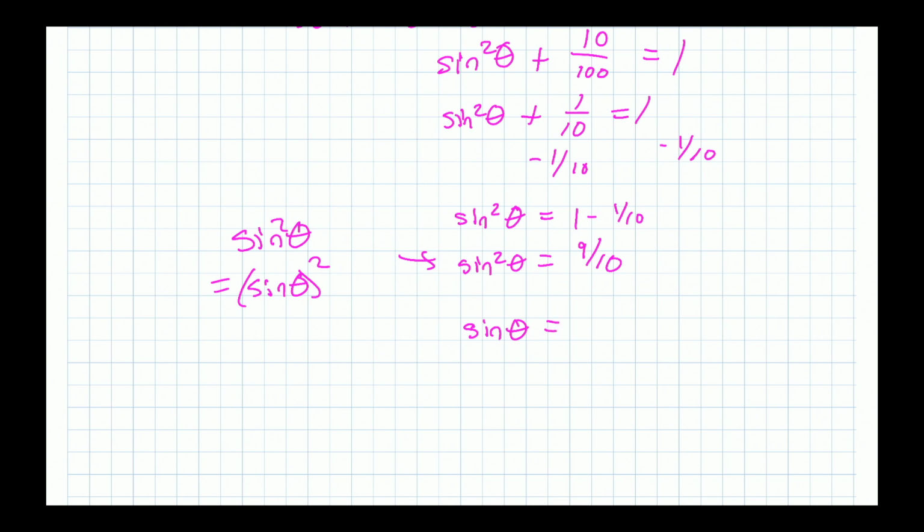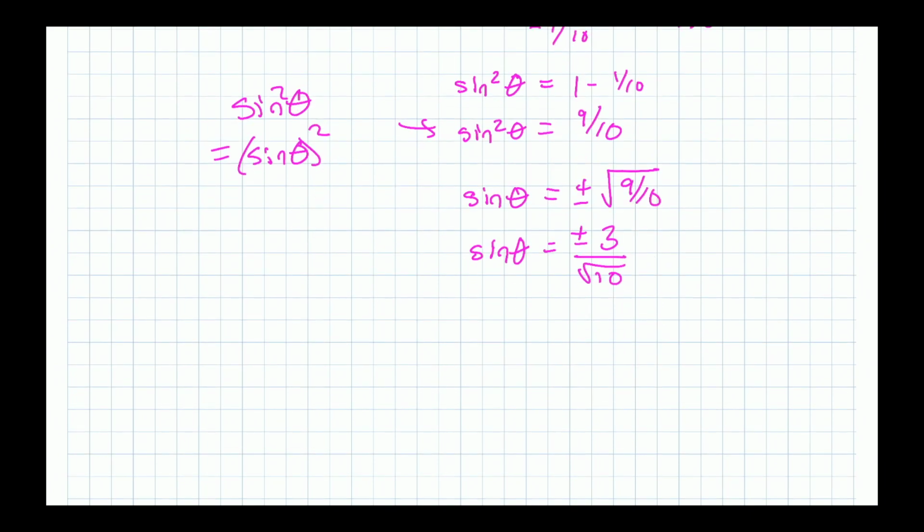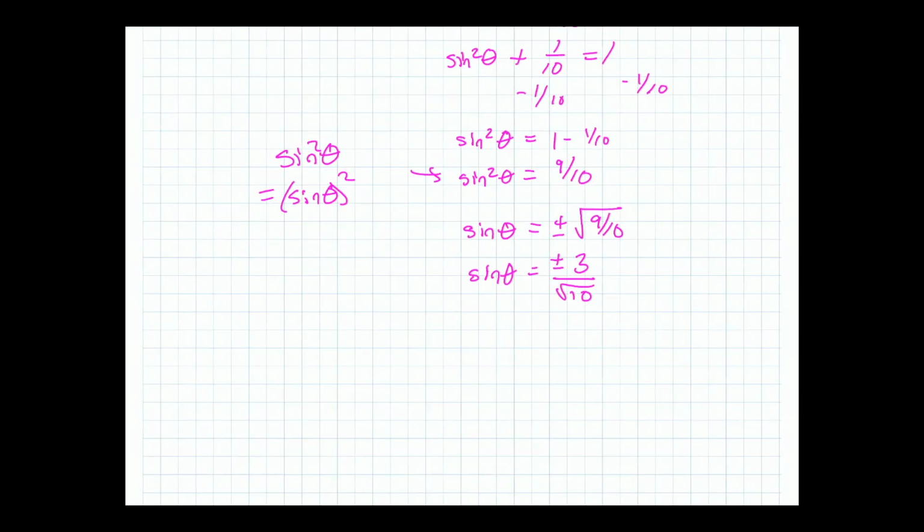So sine theta is going to be, how are you going to get it? You're going to square root this side. So square root top and bottom separately, you get plus or minus. Square root 9 is 3. Square root 10 is just square root 10. So you get that. Should it be positive or negative? Let's figure it out.